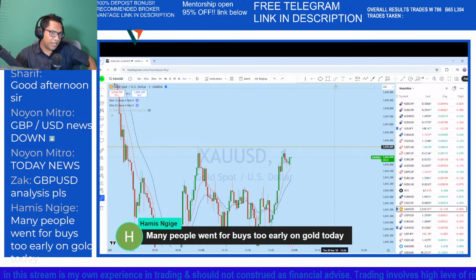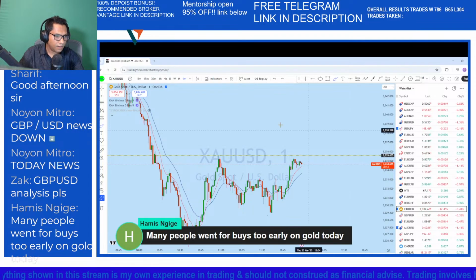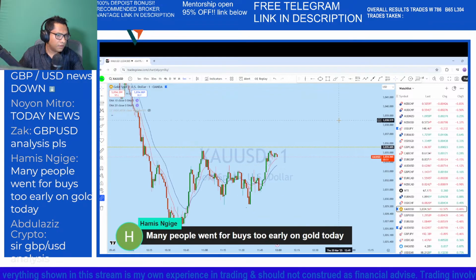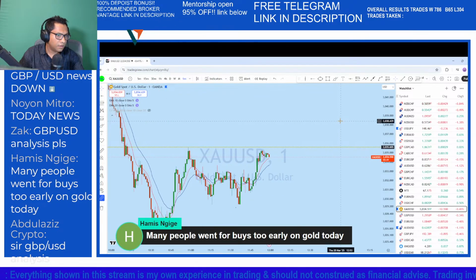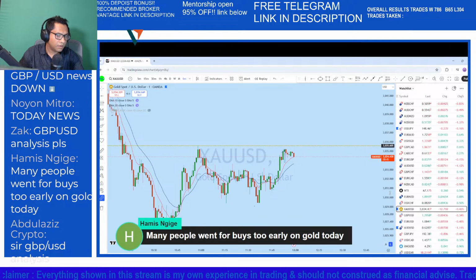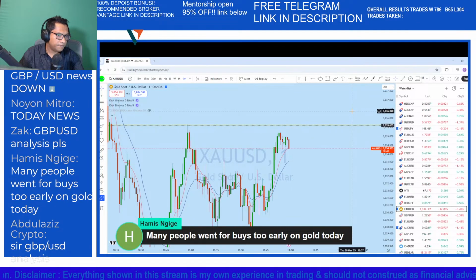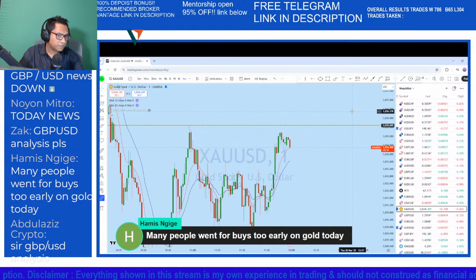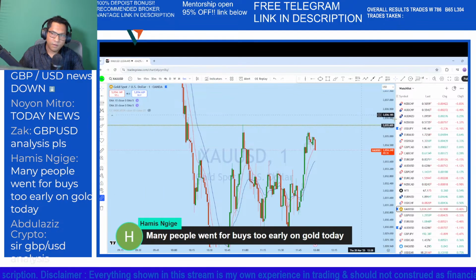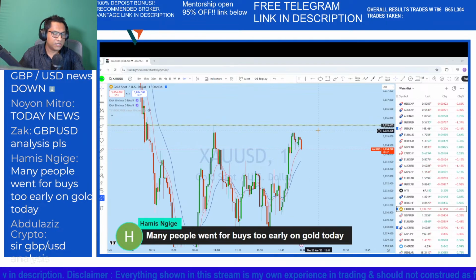We would like to see the price breaking out and then dropping down here.